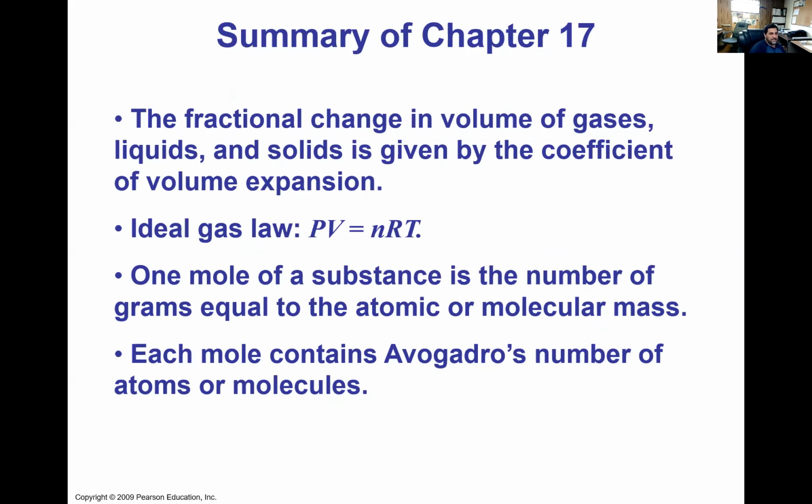You can also have the same thing for gases and liquids, a fractional change in volume, given by volumetric expansion. Ideal gas law is PV equals nRT. 1 mole of a substance is the number of grams equal to the atomic or molecular mass. Each mole contains Avogadro's number of atoms or molecules. That is the end of chapter 17.